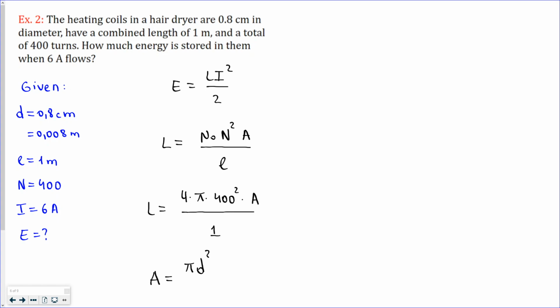It is pi D squared over 4, and it is 3.14 times diameter, 0.08 squared over 4.